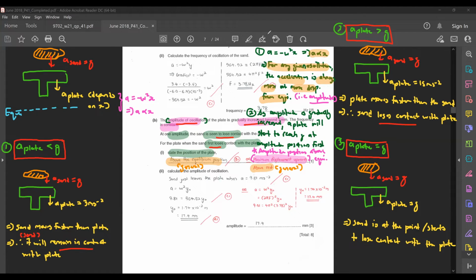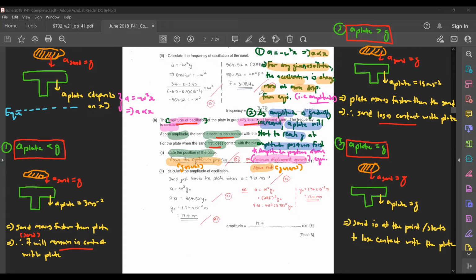Okay, so this one should make sense now. All right, it should make some sense to you now, because the question is saying that your amplitude is being gradually increased here. So when your amplitude is being gradually increased, the acceleration of your plate will start to reach g at the amplitude position first.